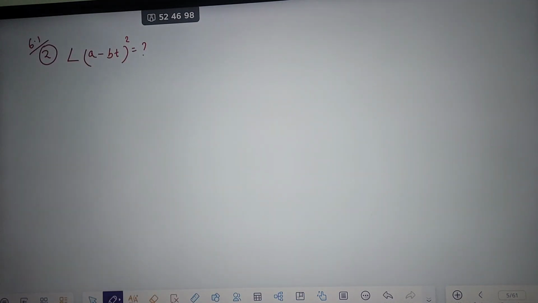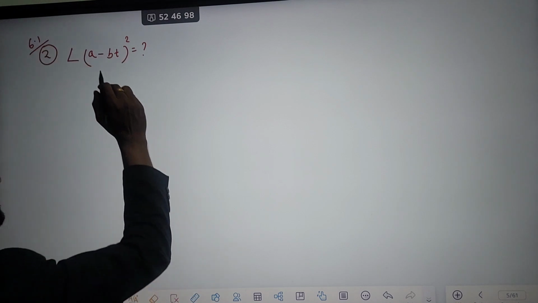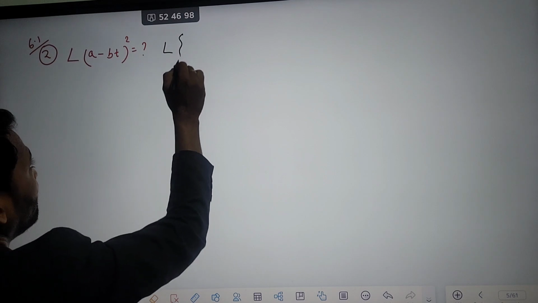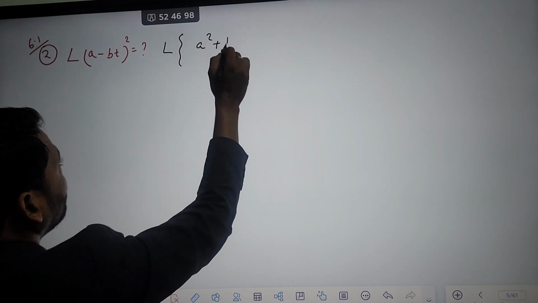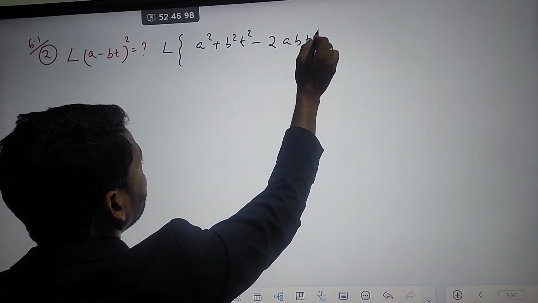6.1, question number 2: find Laplace transformation of (a minus bt) whole square. First, by using the a minus b formula, we can write Laplace of a square plus b square t square minus 2abt.